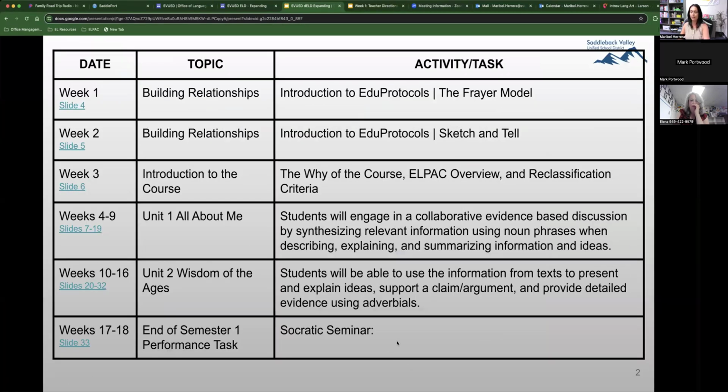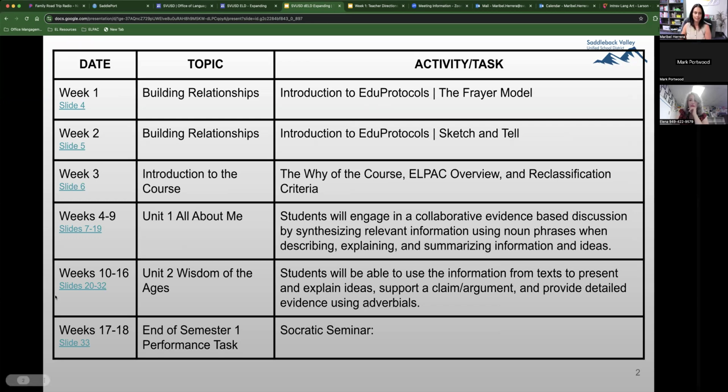We'll go in and add what students will do, the objective for that Socratic seminar. I'll update it. So that's different: 2 units now in semester 1, and then that end of unit Socratic seminar. Overall, the feedback we received about the Socratic seminar was positive, so we went ahead and left that there.